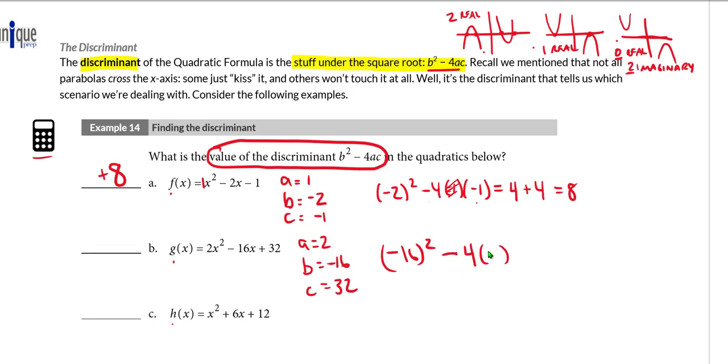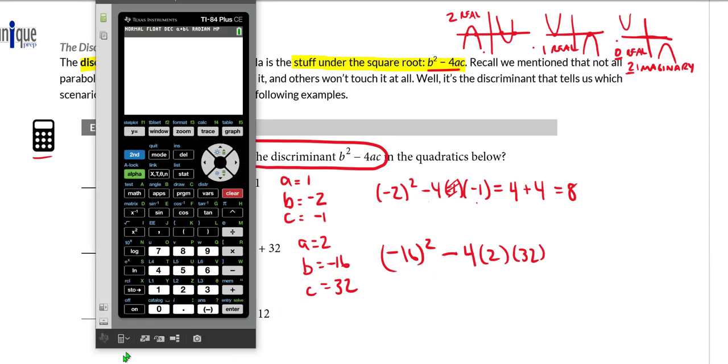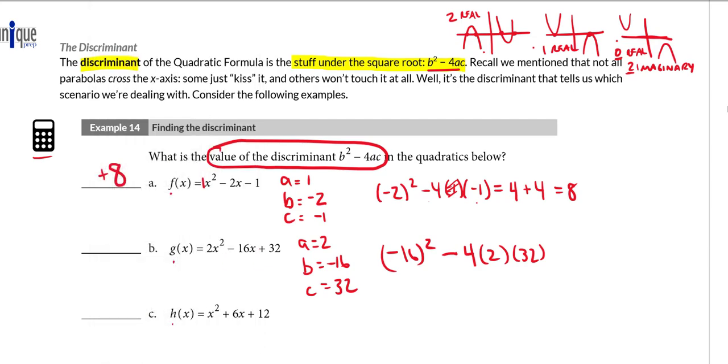So let's do b squared minus 4ac in the calculator: -16 squared, minus 4 times 2 times 32, and enter, and that works out nicely to 0. So we got a 0 discriminant for quadratic g.